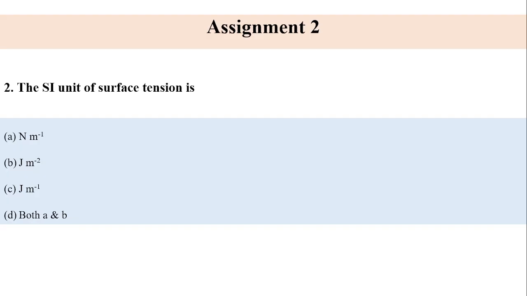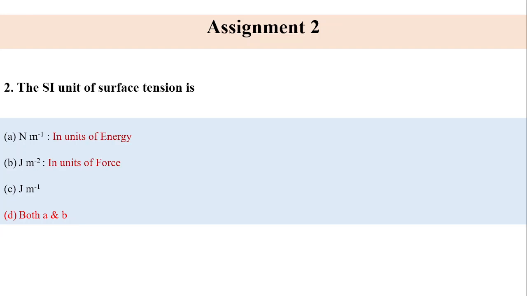So the SI unit of surface tension is both A and B, which is Newton per meter as well as Joule per meter square. Now, why are both of these correct?